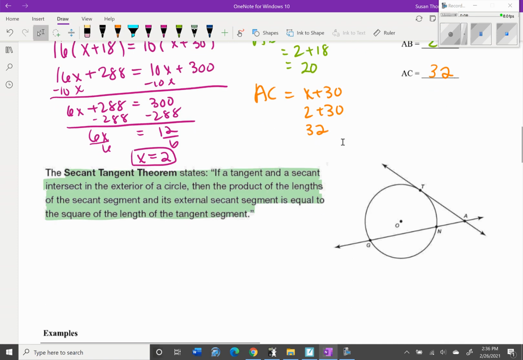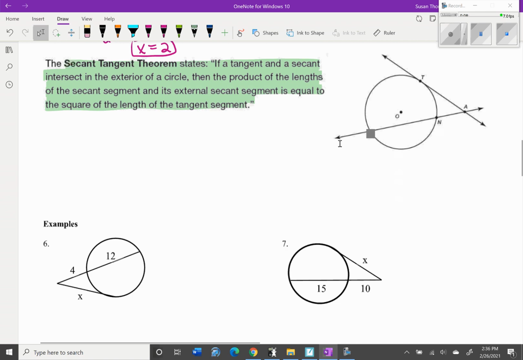All right, so the next theorem that we have, the secant tangent theorem, states if a tangent and a secant intersect in the exterior of a circle, so notice over here, this is the tangent line, and this is the secant line, and they intersect on the outside.